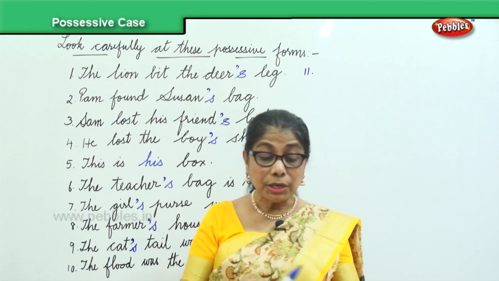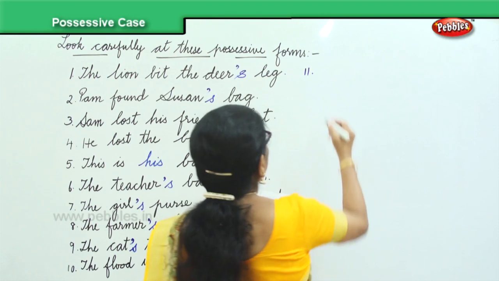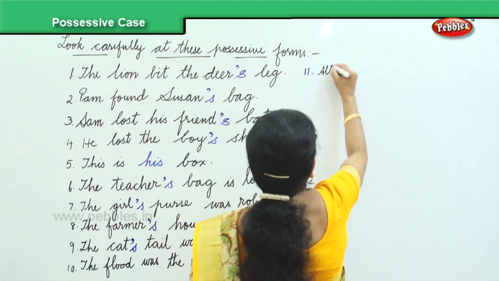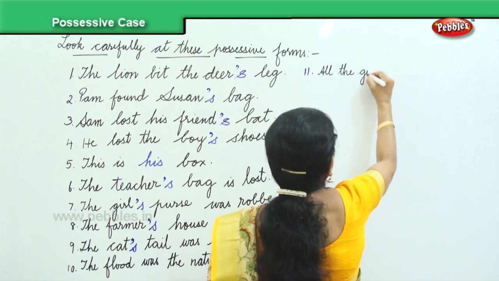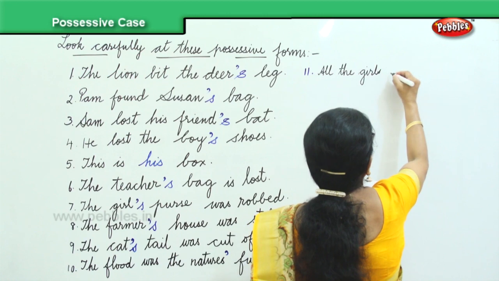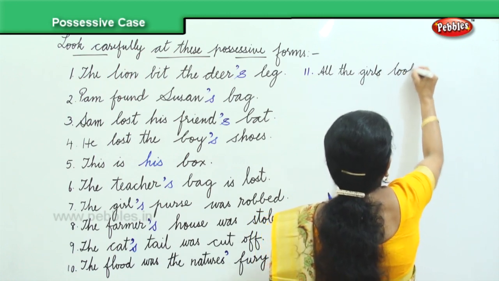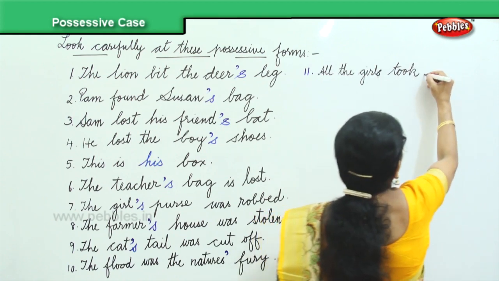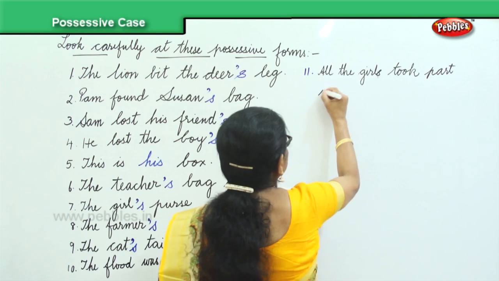All the girls took part in the march. All the girls. Okay? All the girls took part. All the girls took part in the march.